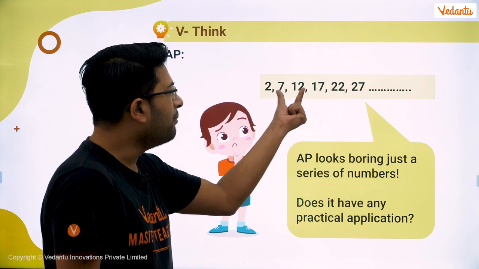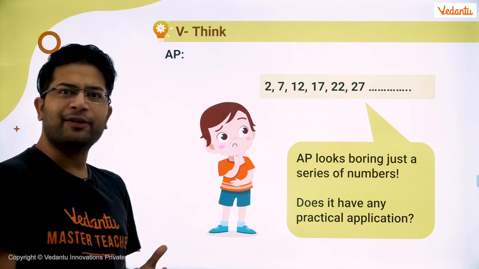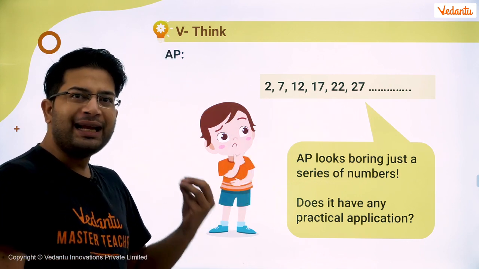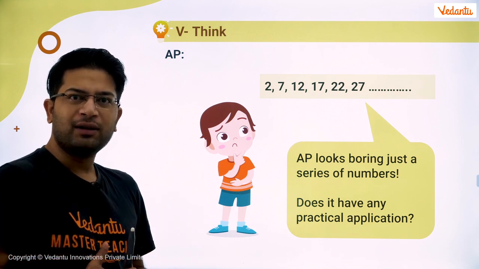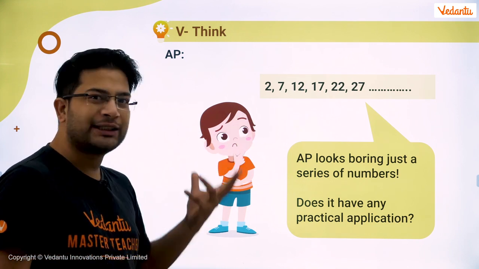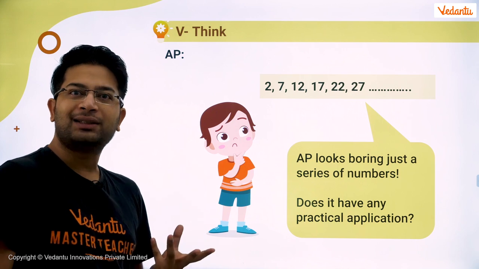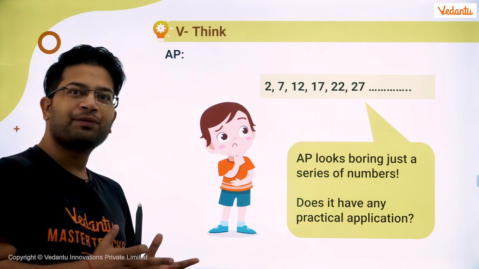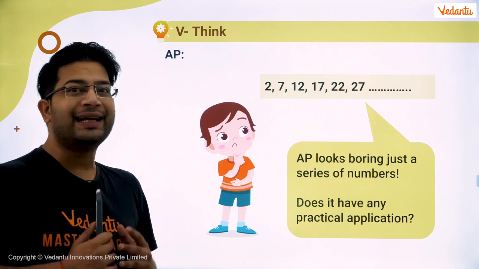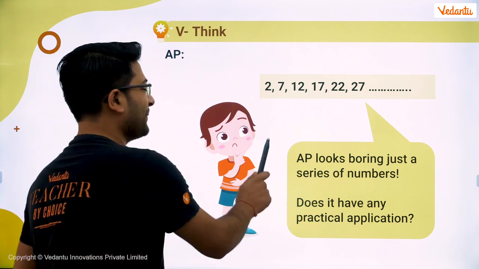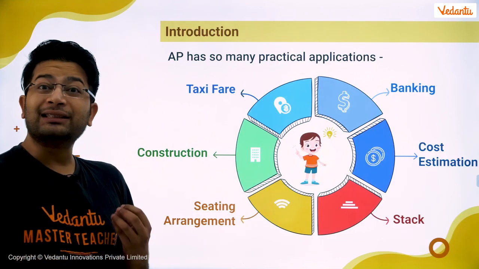But is there any use of this arithmetic progression in real life? Can we use the concept of common difference, the concept of first term? Can we use the concept of arithmetic progression in our daily life? Let's figure it out. So champ, the answer is yes.